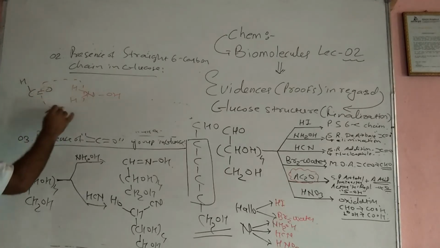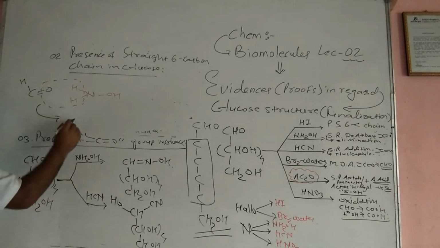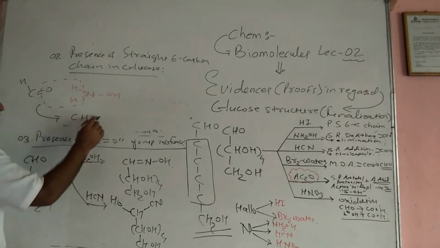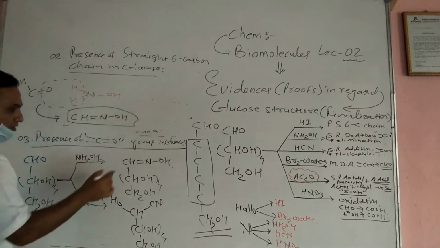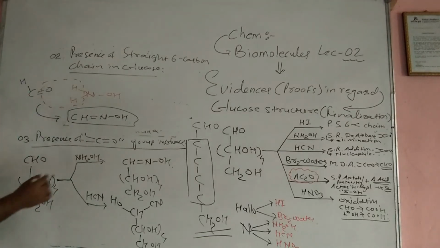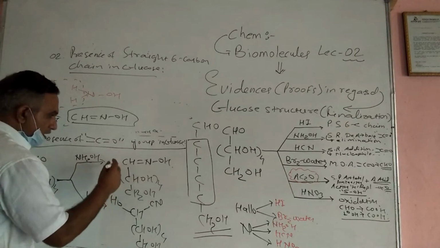Here the water molecule is eliminated. And then this CH bonds with nitrogen and OH remains as it is. So this type of reaction results. So this is the glucose oxime.